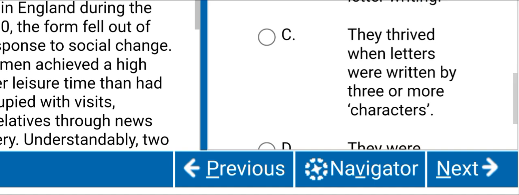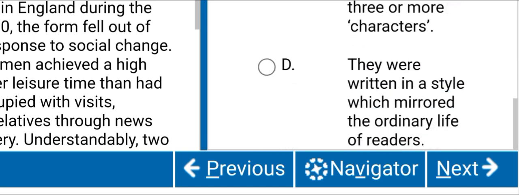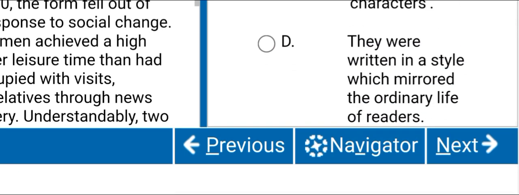Option C, they thrived when letters were written by 3 or more characters. Option D, they were written in a style which mirrored the ordinary life of readers.